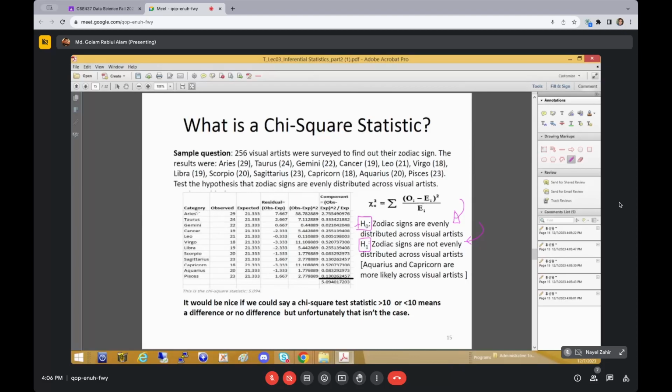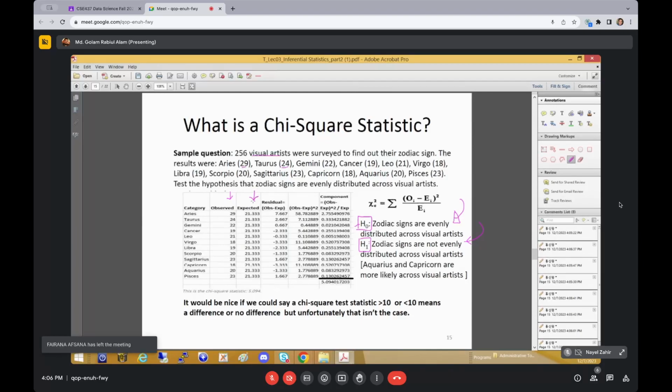We took a sample of 256 visual artists, and we found Aries 29, Taurus 24, Gemini 22, Cancer 19. These are the numbers of people among the visual artists.